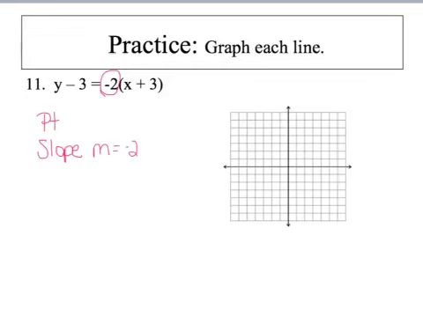Now the point is with the x-coordinate and the y-coordinate. Now remember, the general form for point slope is y minus y1 equals m times x minus x1. And if you notice on the x-coordinates, instead of x minus a 3, I have x plus 3.